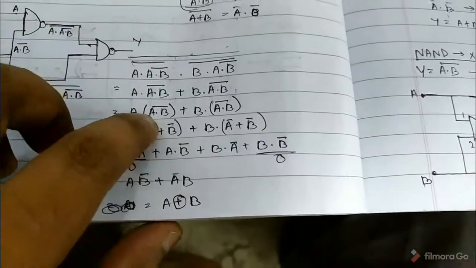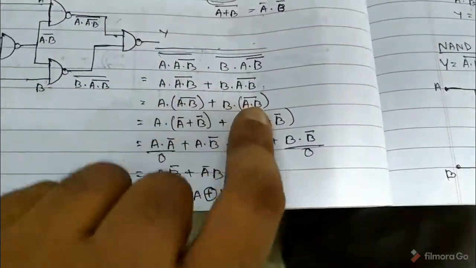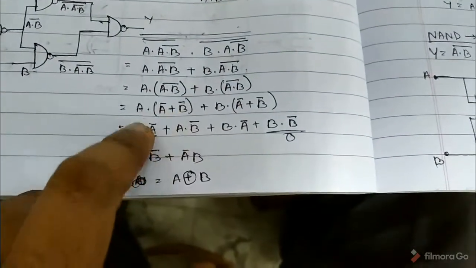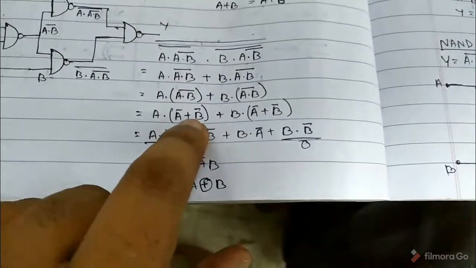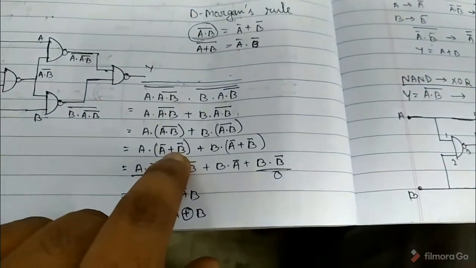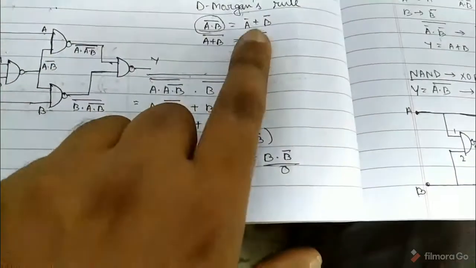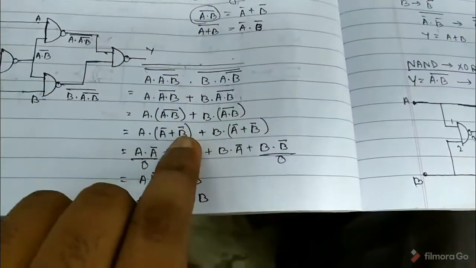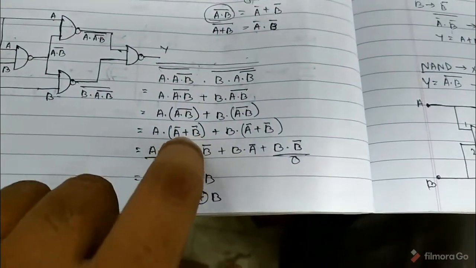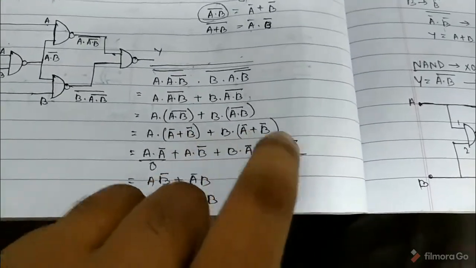A dot (A dot B) bar plus B dot (A dot B) bar, and here we have applied De Morgan's theorem again. (A dot B) bar can be written as A bar plus B bar.